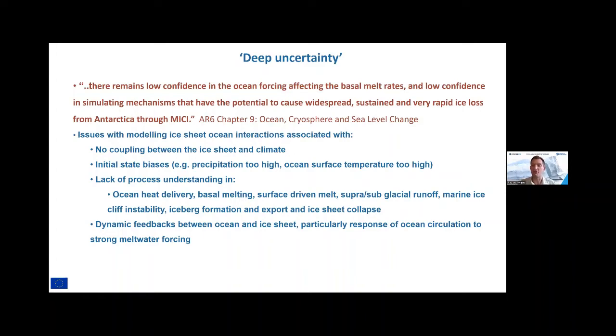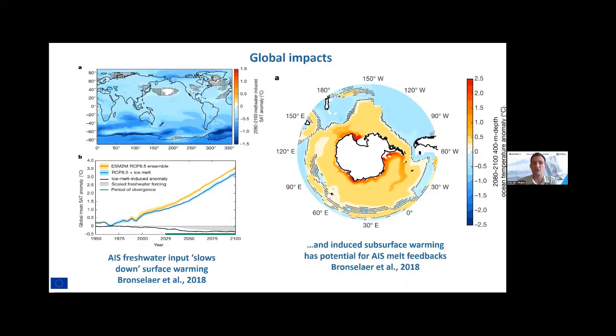Surface-driven melt, so the formation of melt ponds that Ruth was talking about, and how this runs off both on top of and below the glaciers. And particularly things like marine ice cliff instability and iceberg formation and subsequent ice sheet dynamics and collapse are also really not integrated into coupled climate models, and even in custom models specifically designed for glaciological conditions are still somewhat poorly understood.